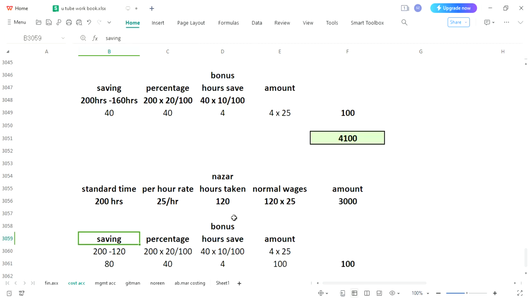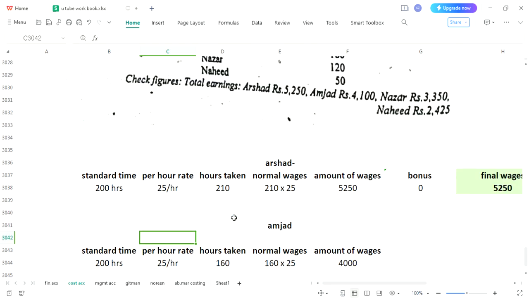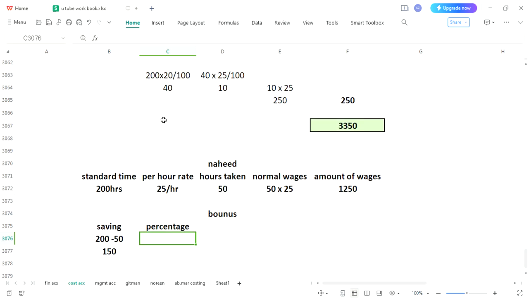And the next step is to calculate the first percentage. Since it is given in the question, the first stage is up to 20%, 10% corresponding. The first 20% we will calculate, and how will we calculate? The total standard time was 200 multiplied by the first 20%.